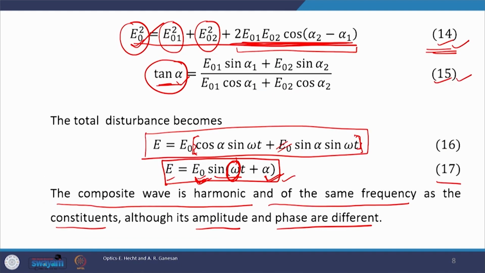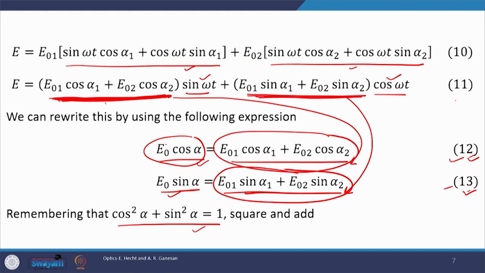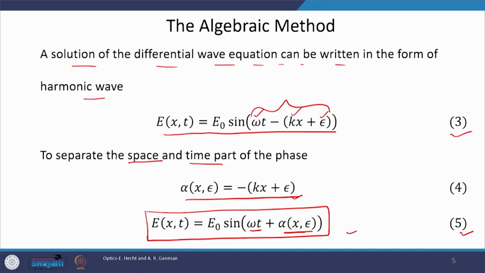What are alpha 1 and alpha 2? Let us go back. Alpha is minus kx plus epsilon. Therefore, alpha 1 would be minus of kx 1 plus epsilon 1. Similarly, alpha 2 would be minus of kx 2 plus epsilon 2.